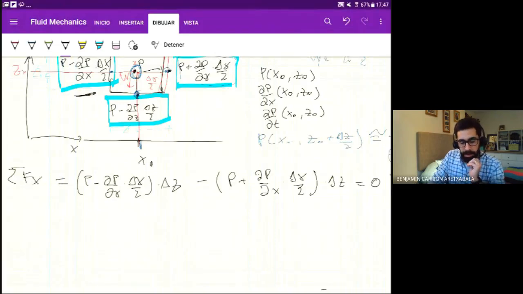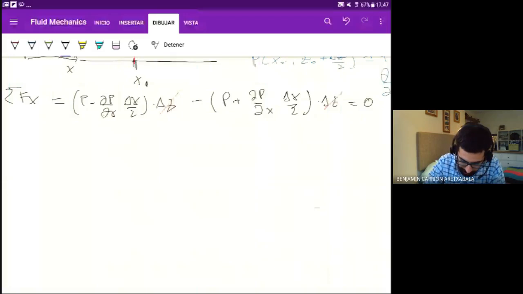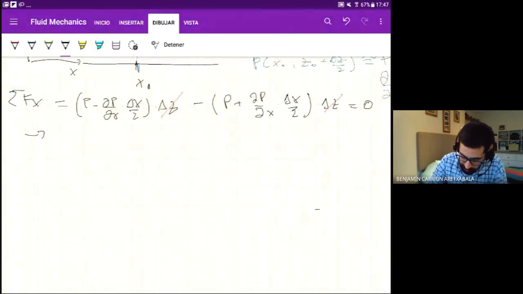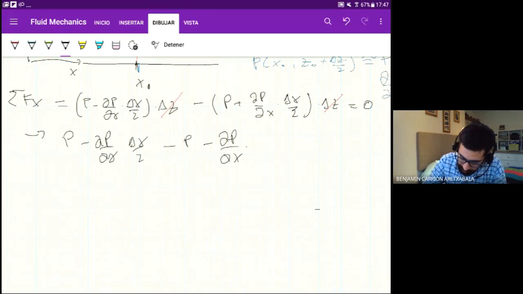Okay, so from this it is straightforward. The delta z cancel out. Let's write down what's in the parentheses. From this one we get P minus dP at dx times delta x half, minus P plus dP at dx times delta x half again, and this is 0.